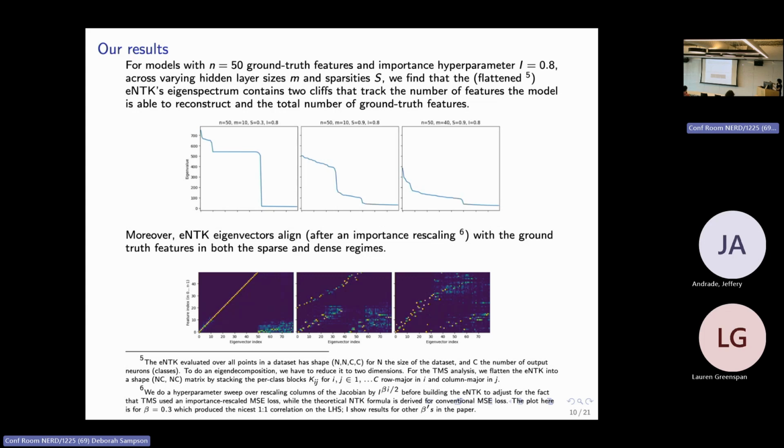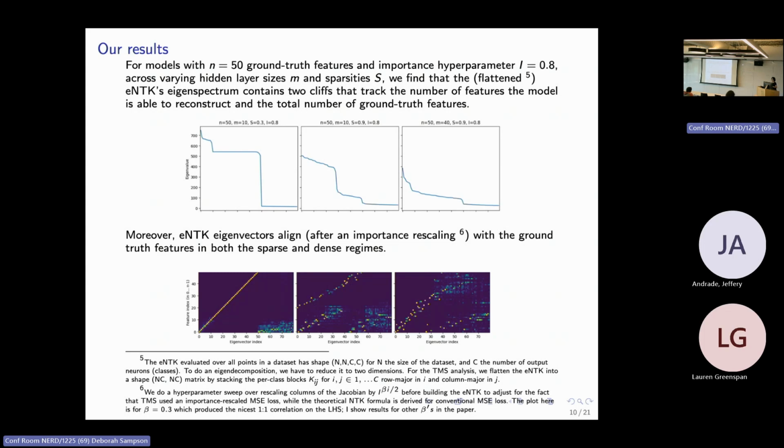Across different hidden layer sizes M and sparsities S, we find that the empirical NTK's eigenspectrum contains two cliffs that track the total number of ground truth features the model has and the number that the model is able to reconstruct, where the diagonal value exceeds some threshold. And moreover, we find that the eigenvectors of this empirical NTK align with the ground truth features in this kind of nearly one-to-one way in both the sparse and dense regimes.